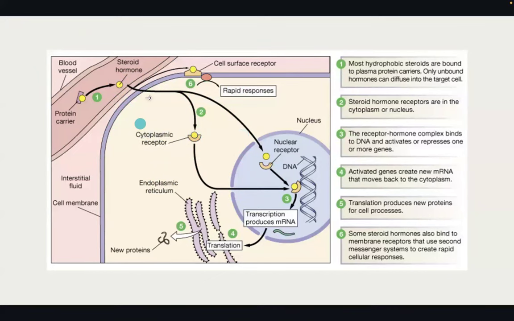Or it could bind directly inside the nucleus to a nuclear receptor. All of these responses, specifically the cytoplasmic and the nuclear responses, are going to act on the transcription process inside the nucleus.